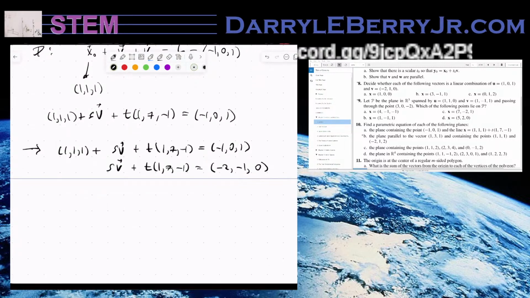And what can we do here? Technically, that would be the parametric equation. They didn't necessarily say they wanted us to solve for it.